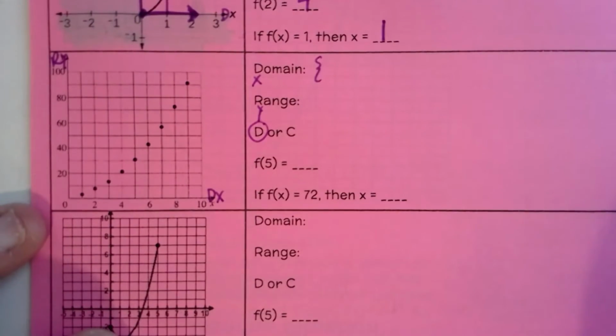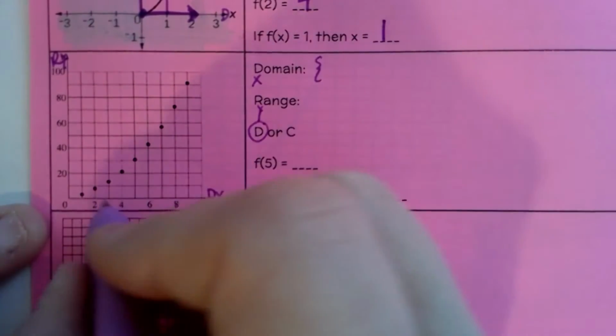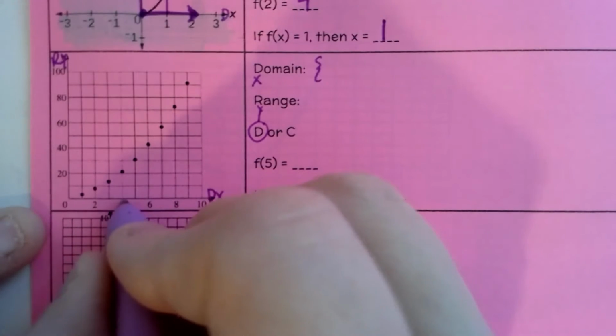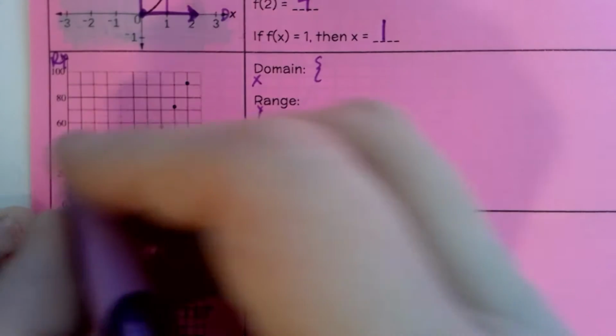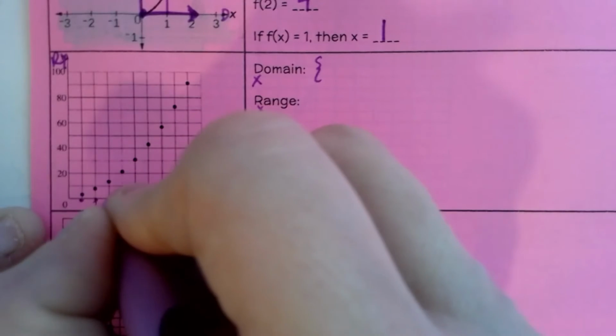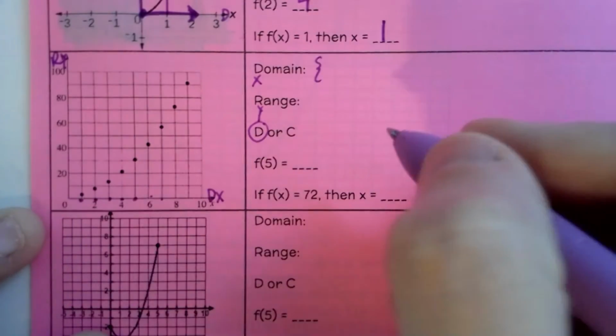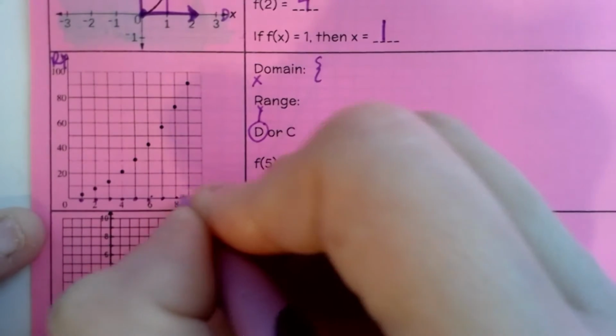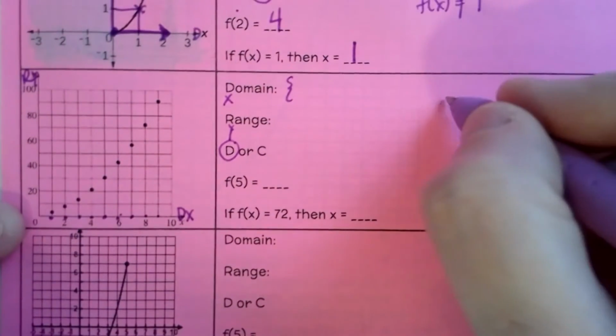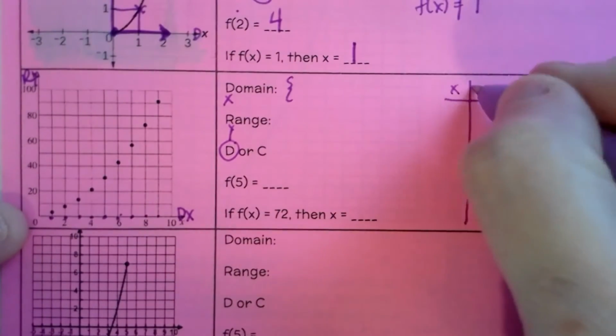If I push the dots down, I think what we said was table it out. So let's make ourselves a table. I think that'd be easier than anything else.